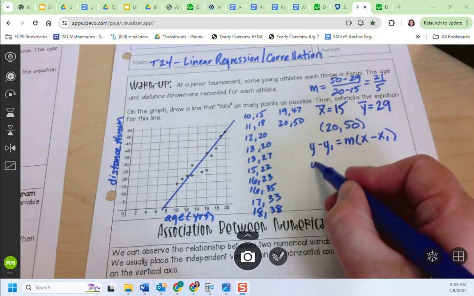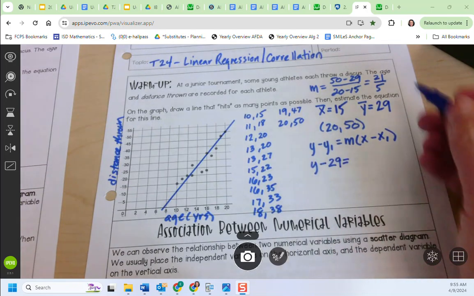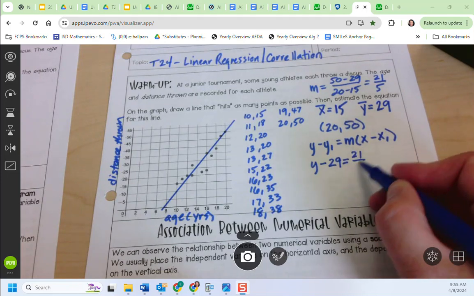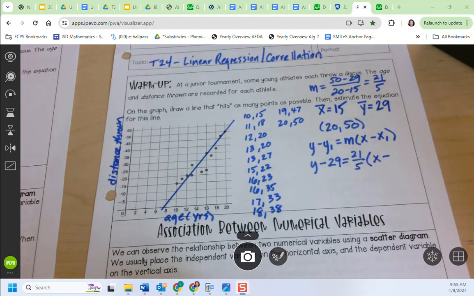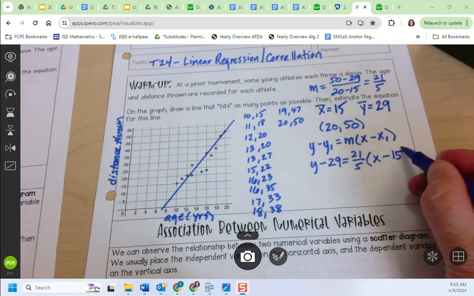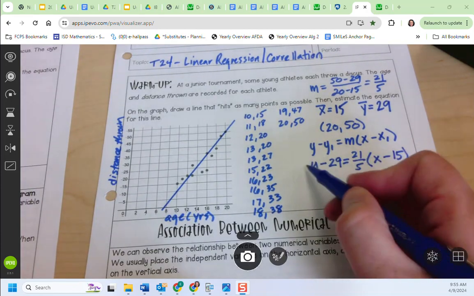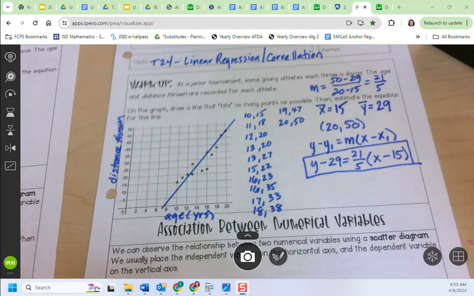So it'll be y minus 29 equals, and then my slope, and then x minus 15. And that's your point slope form. You could distribute it and move everything to one side so that you had slope intercept form. You could do whatever you want.